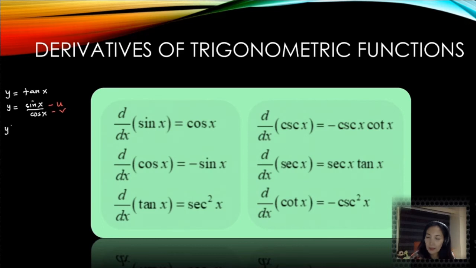So y prime is equal to, remember our shortcut, v du minus u dv. From our previous lesson on derivative of a quotient, v du minus u dv, or the denominator times derivative of the numerator minus numerator times derivative of the denominator.